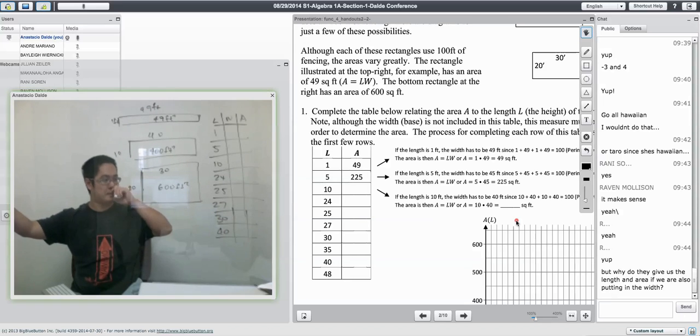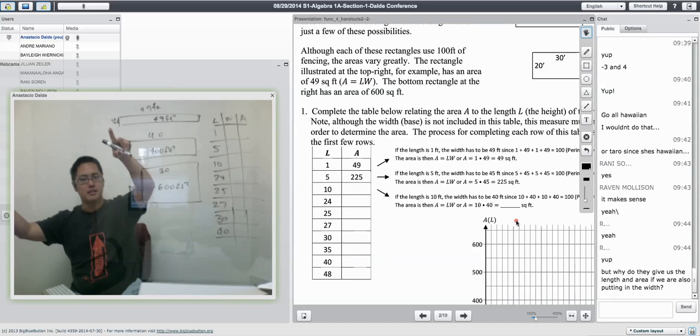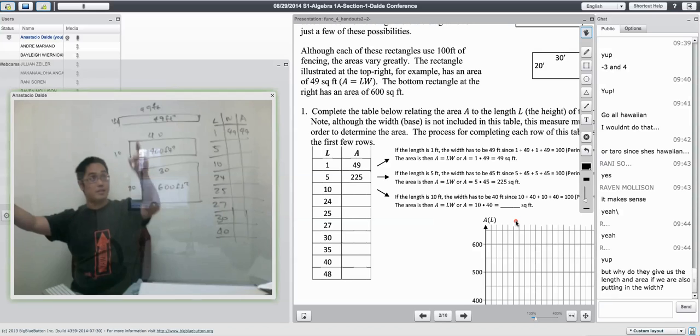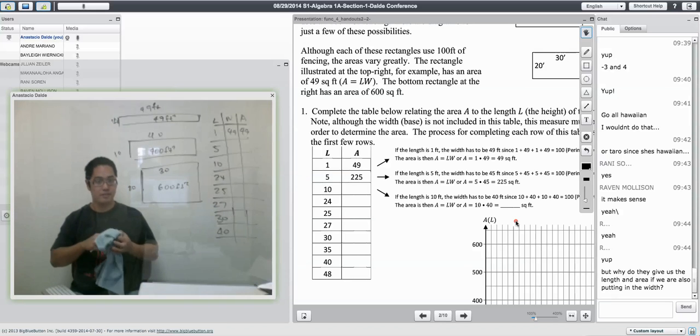So if the length is 1 foot, that would be this length. The width would be 49 feet, and the area would be 49 feet squared. I put that in my table.